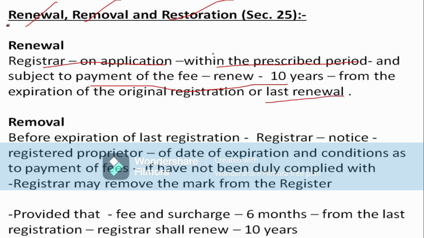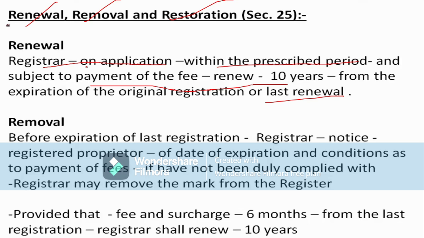The application from the applicant should be sent to the registrar of the trademark office. The fees should be paid depending upon the goods or service and the class of the goods and service, for the purpose of renewal for another 10 years.